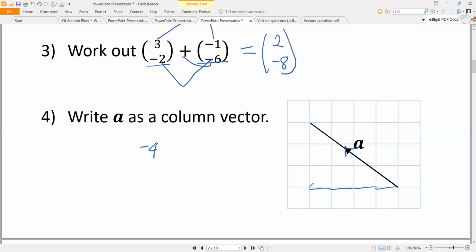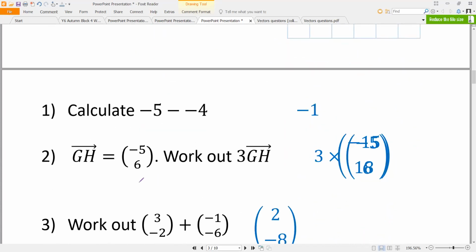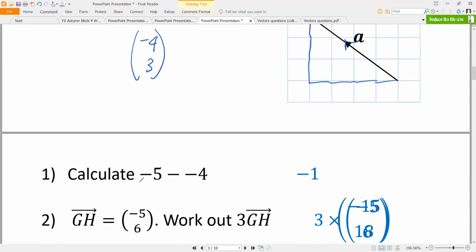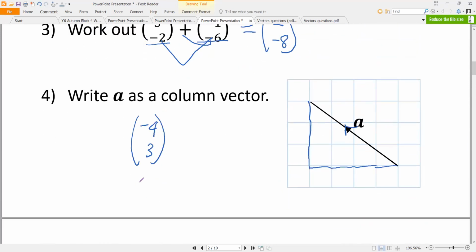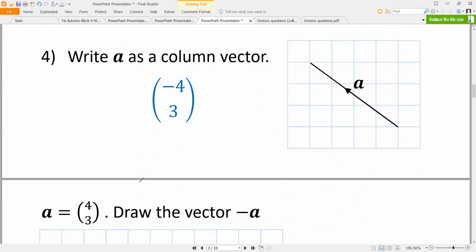How many movements up? 1, 2, 3. 3 movements up, so that would be 3. So this is the column vector. As you can see, this is your answer: (2, -8) and (-4, 3), as you can see.